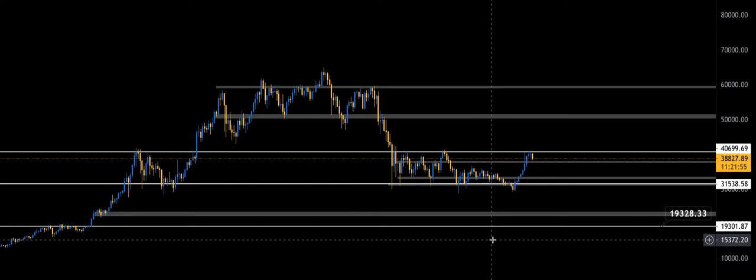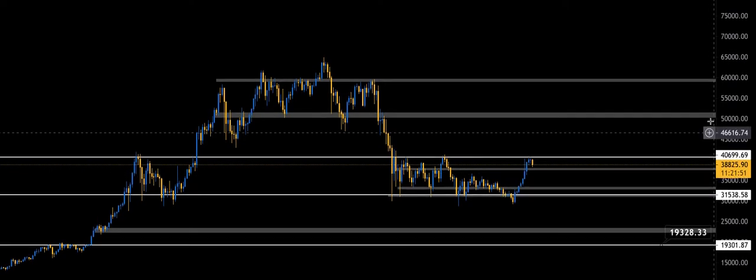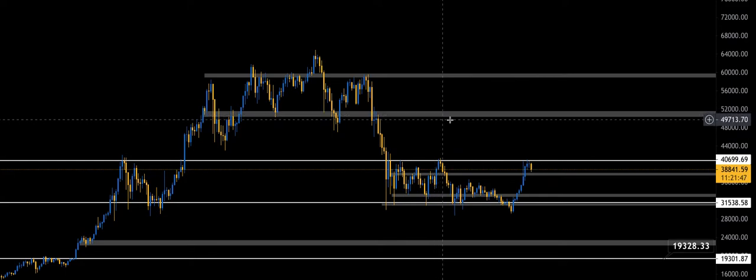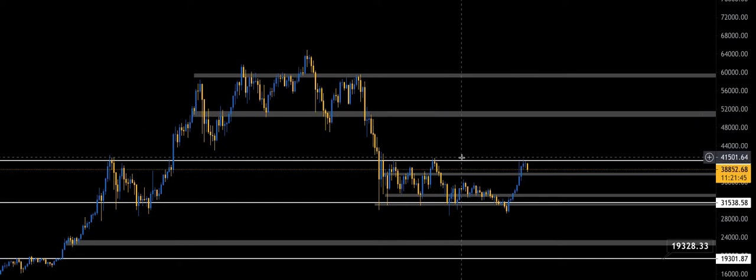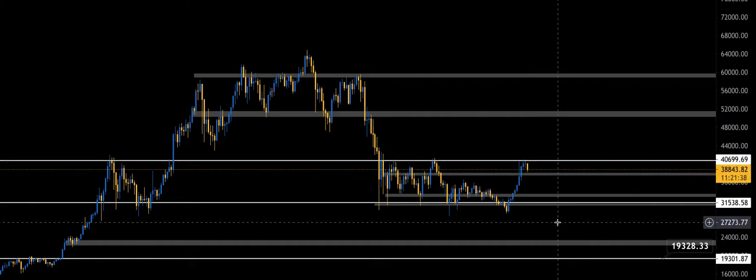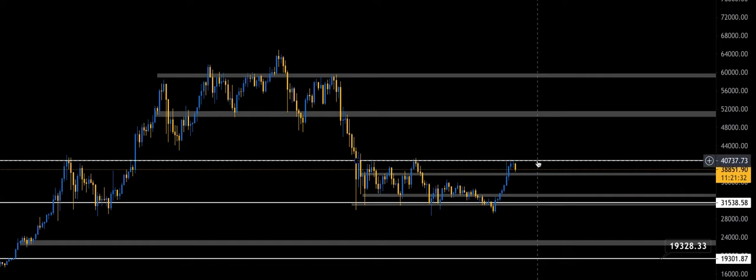Okay, so I will start first with something very important, which if you're a beginner you might have heard about but not understand what it is. Something very important when you trade, you need to identify major support and resistance lines. A resistance line, for this case, is the line of $40,400.